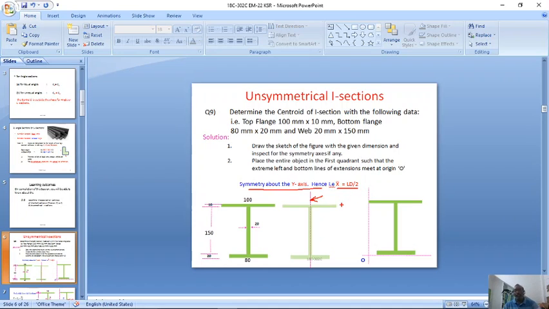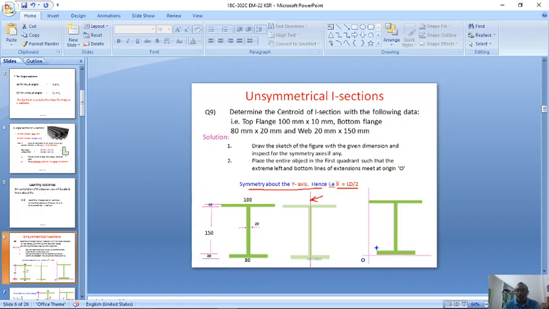Then what about the y bar? In order to find y bar we need to draw a line to identify the symmetry. The top flange is not equal to the bottom flange, hence it is not symmetric about the x-axis. Therefore, you need to calculate the y bar by the analytical method.